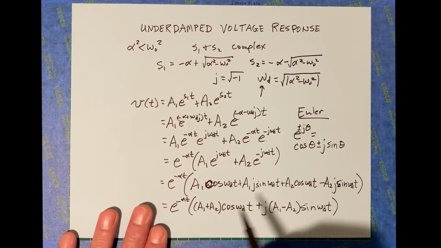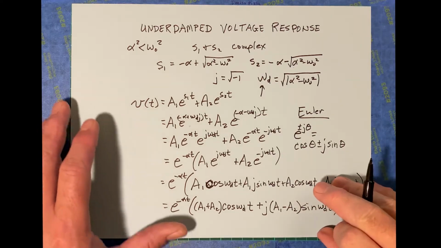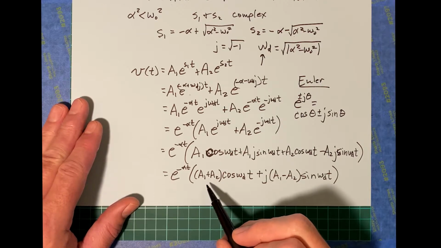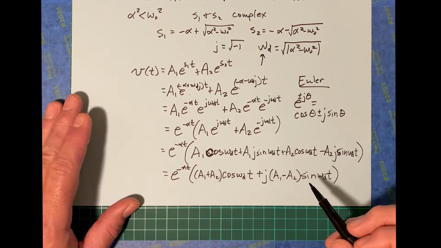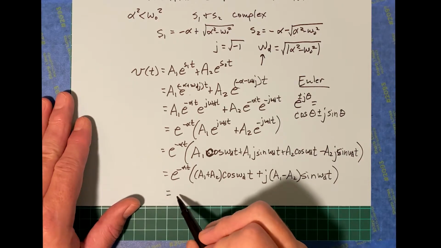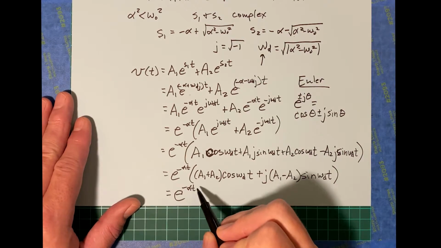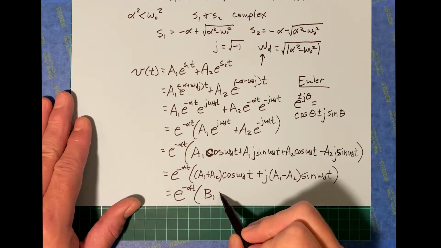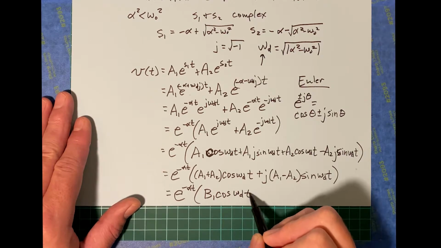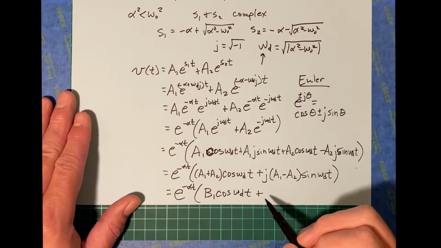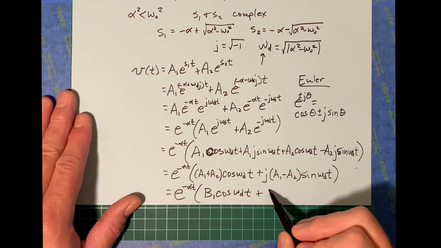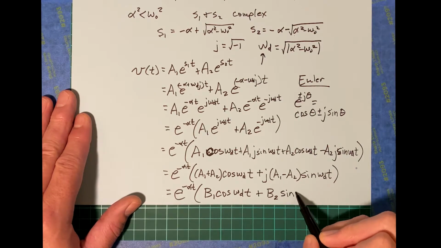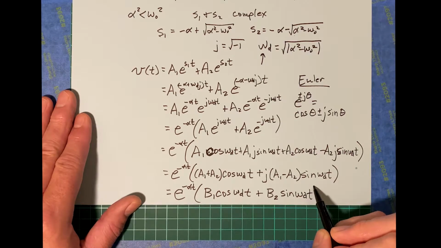Okay, now these combinations, A1 plus A2 and A1 minus A2, are just combinations of coefficients. I could make this even simpler by saying that's e to the minus alpha t times B1 times the cosine of omega sub d t plus, and now I could take all of that right there and make it one coefficient, B2, times the sine omega sub d t, like that.